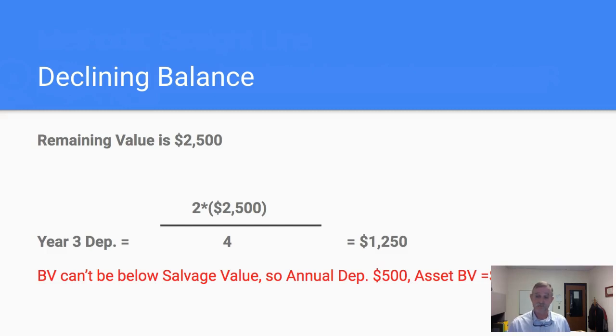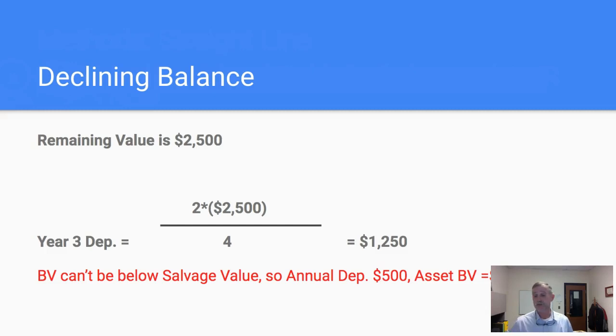Our book value drops below the salvage value, and that was one of the rules we cannot do if we're using an accelerated depreciation method. Okay, so a salvage value on this asset is $2,000. We can only depreciate that asset another $500 in order to get it to the salvage value.